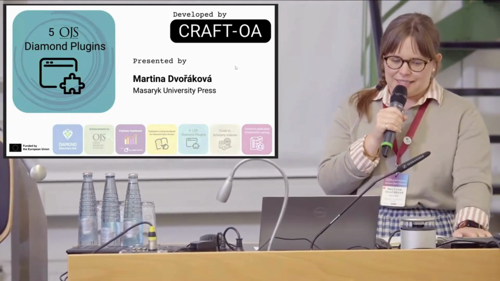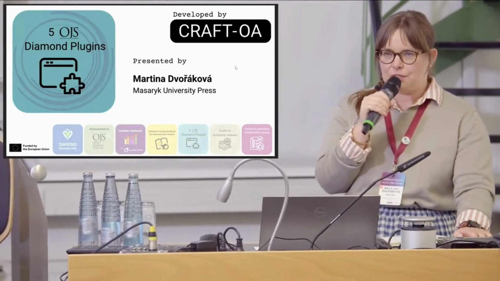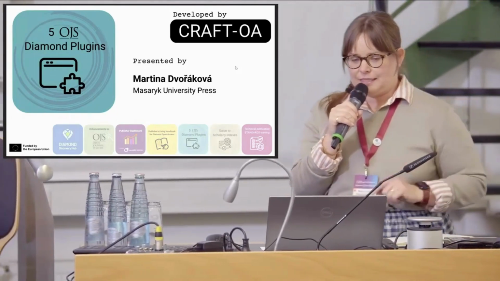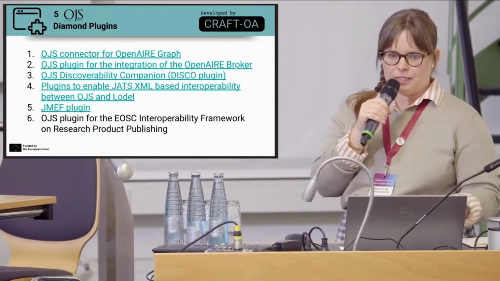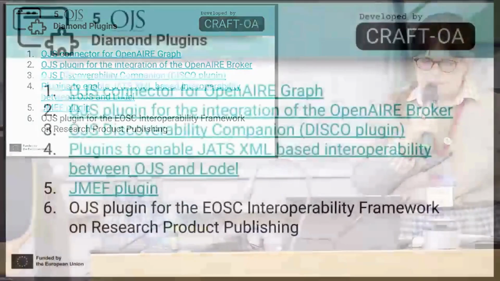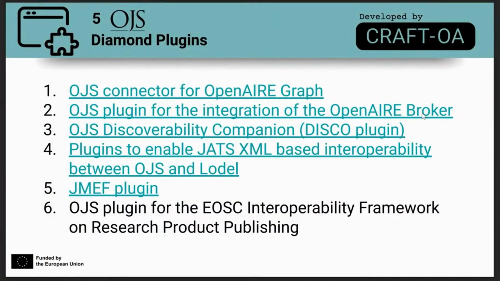One of the things that makes your life easier is automation, and this is where the plugins come in. This is the list of the OJS Diamond plugins that we created during the project. Originally, we planned to create 5, but in the process, 1 appeared, and we decided to adopt it and list it among the others.